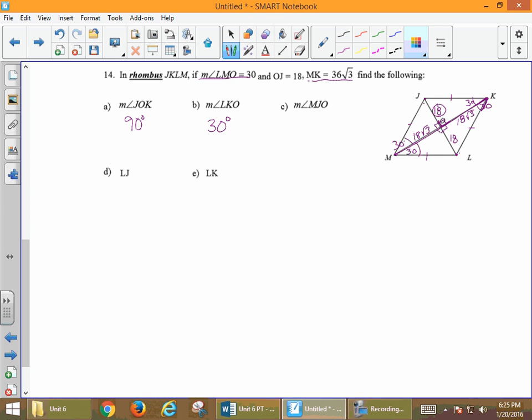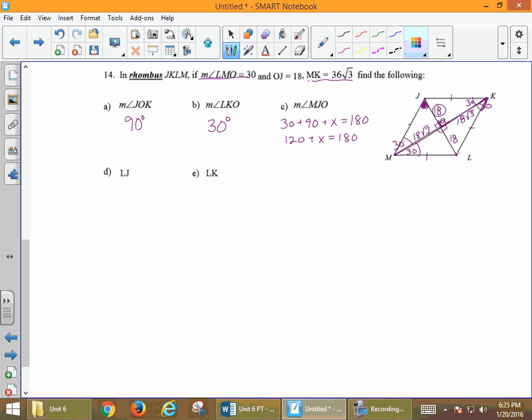To find MJO, right up in this little corner, I need to take a look at my triangle. The triangle MJO is a 30 plus 90 plus something has to equal 180. 90 and 30 is 120.